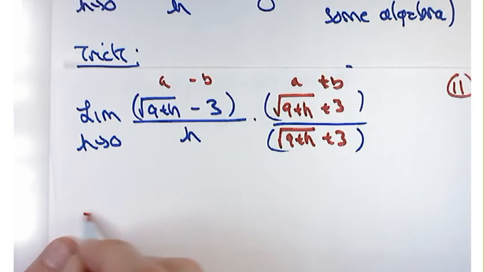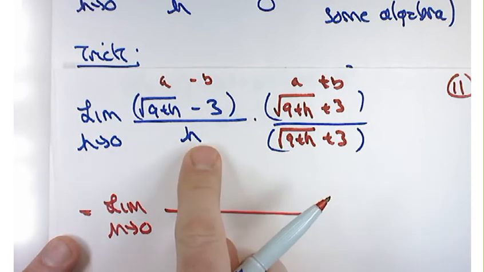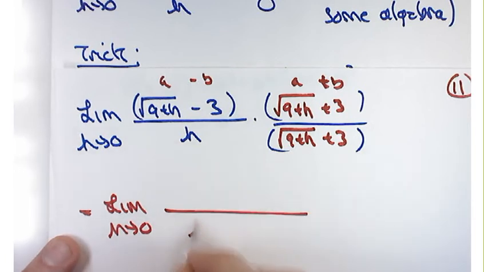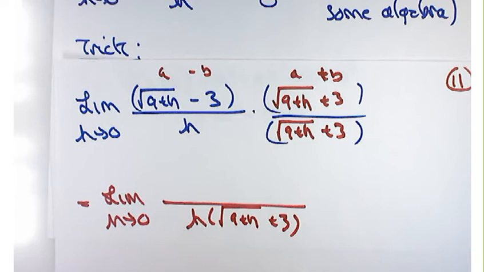So this should be the limit as h approaches 0. Now in the denominator, I'm going to leave everything factored. I'm just going to leave it as h times the square root of 9 plus h plus 3. And you might ask, well, why? Why aren't you distributing it? That's a good question. And the answer is because this isn't my first rodeo, all right? I've taught this class for quite a few years. I know what's going to happen.